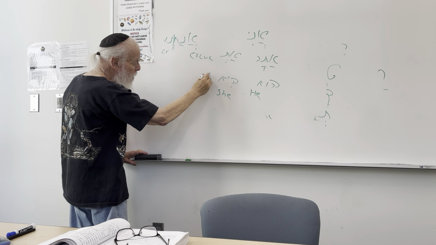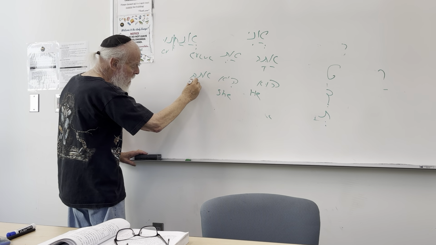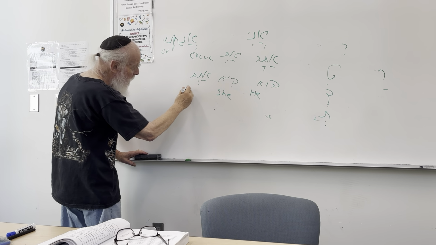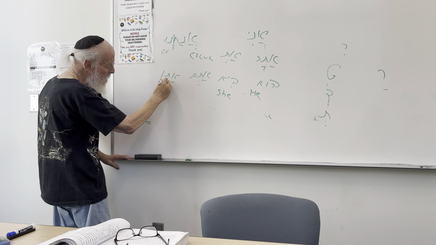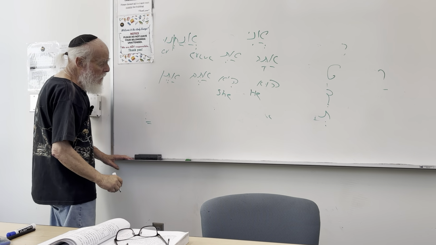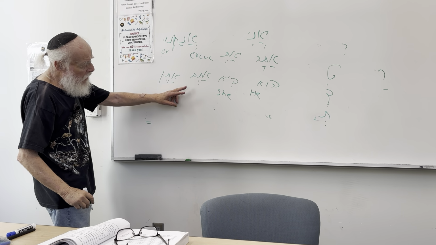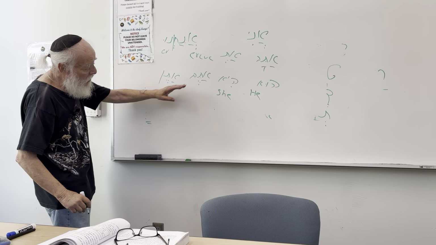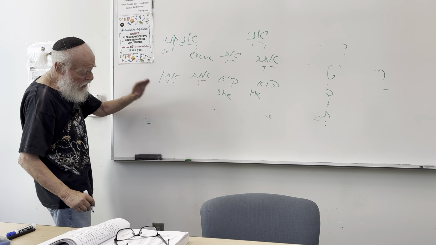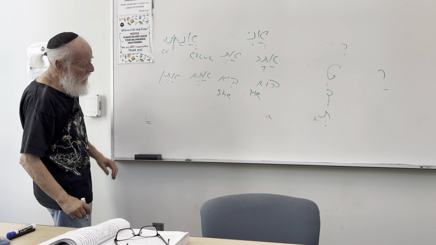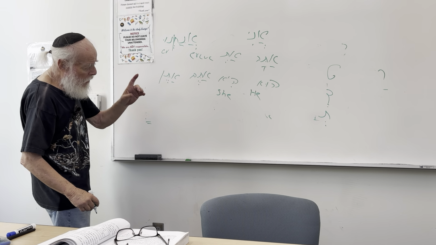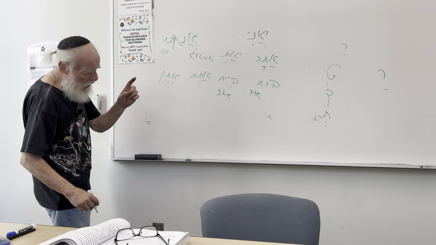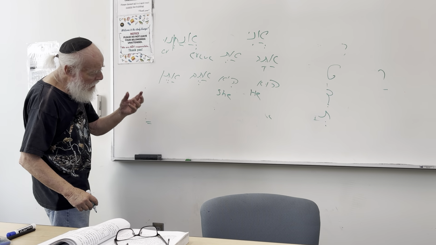And then you've got your plural second person masculine, atem, and your plural second person feminine, aten. The difference is the mem, masculine, and the nun, feminine. If the you in the plural is strictly male, a few males, you say atem.